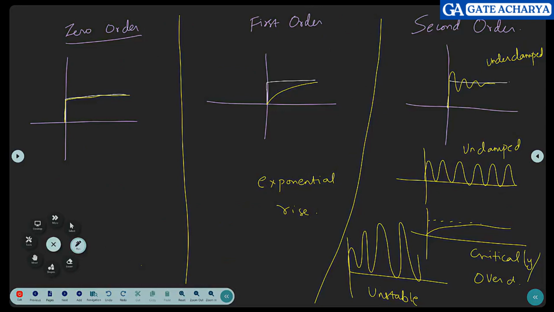Now, out of this, which one will you call an oscillator? Undamped is an oscillator. So maybe you should make a note. Undamped system is also called an oscillator. So if you are trying to design an oscillator, which order system is it? Well done. You're not going to design a zero order or first order. You need a second order system.